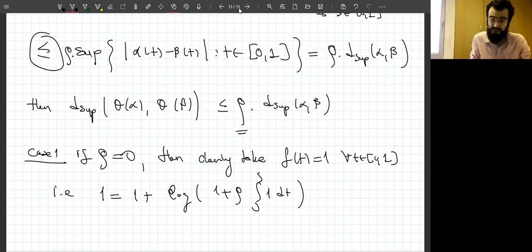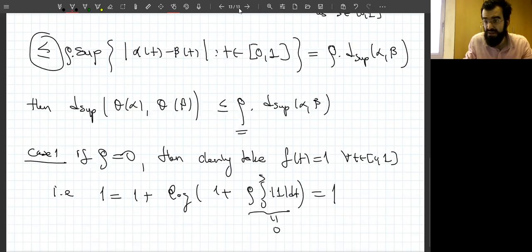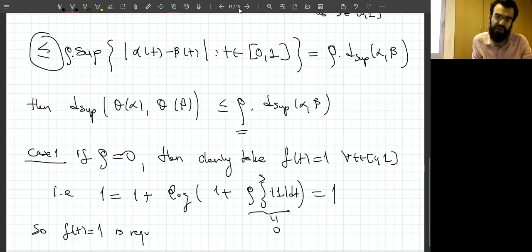But this cancels. This is 0, which implies this is 1. Okay, case 2. f of t equals 1 is the required unique function.